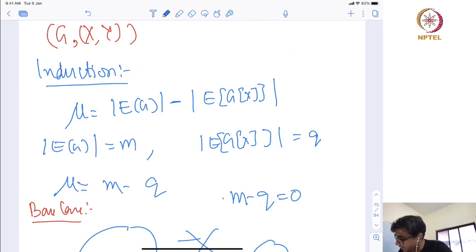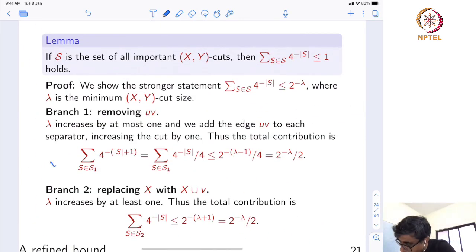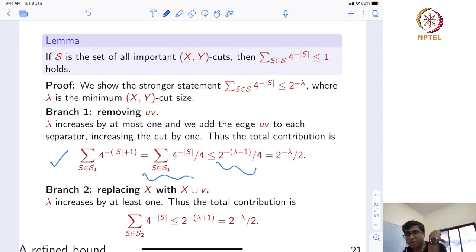So this is exactly what you are going to get here. You are able to bound by this, because this is upper bounded by the number of all important cuts in G minus UV which contain this, and that is bounded by 2 to the power minus (lambda minus 1) by 4, and that's what you get, 2 to the power minus lambda by 2.